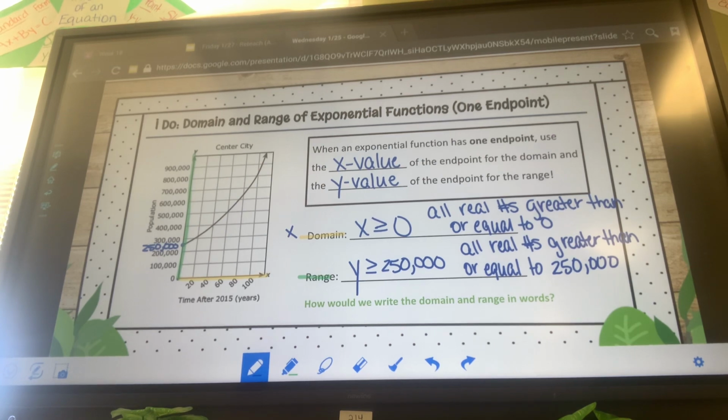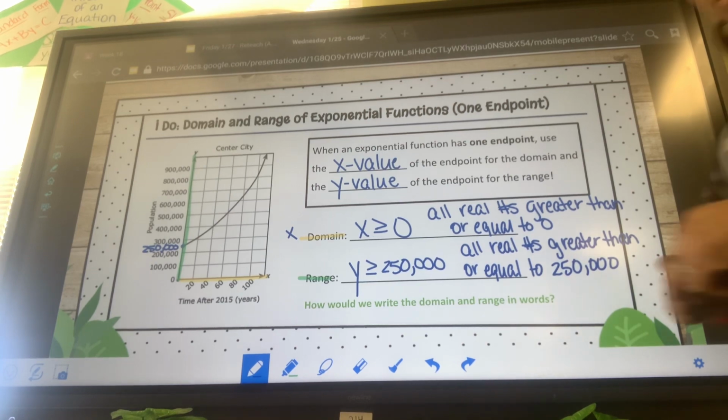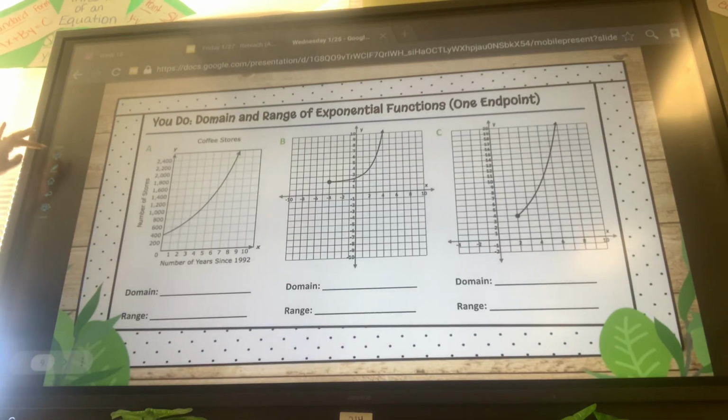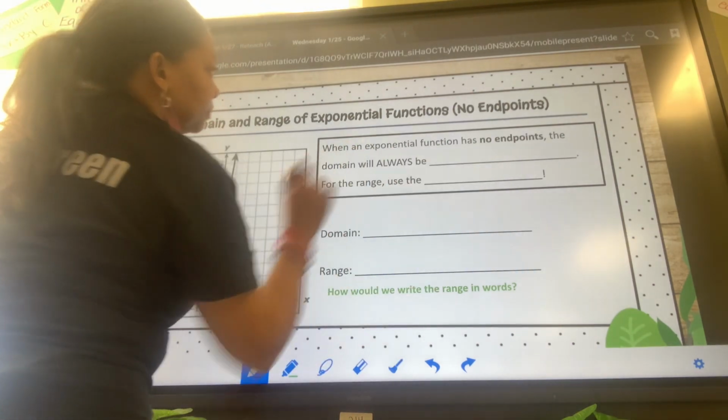All right. And that is doing your domain and range for one endpoint. Okay, we have one last example to do, which is when we have no endpoints.